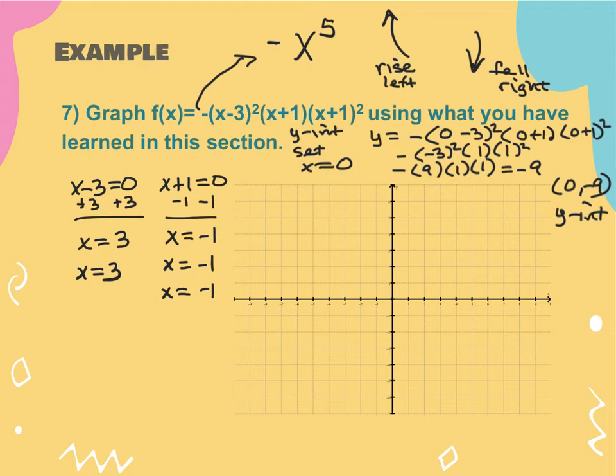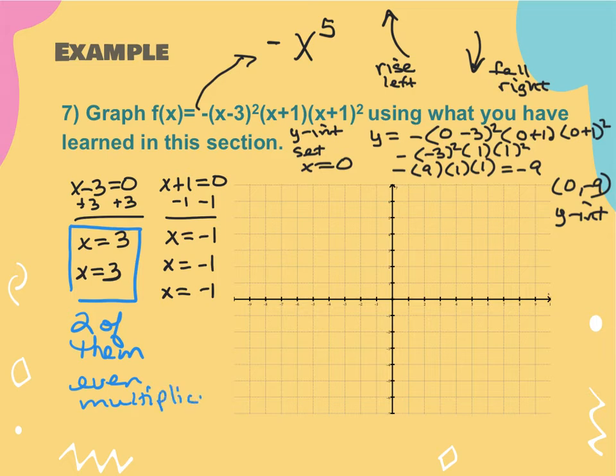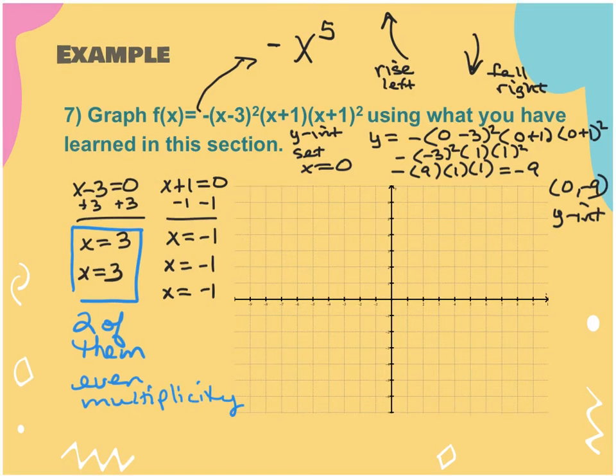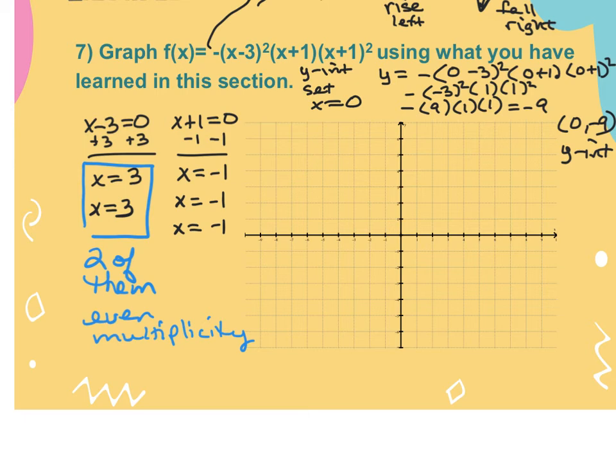Now let's go back to my zeros and determine the multiplicity. So for this zero here, you see how you have 2 of them? 2 is an even number, so this has even multiplicity. When you have even multiplicity, it's like a bounce. What you're saying is it's going to come up, touch the x-axis, and then turn away.